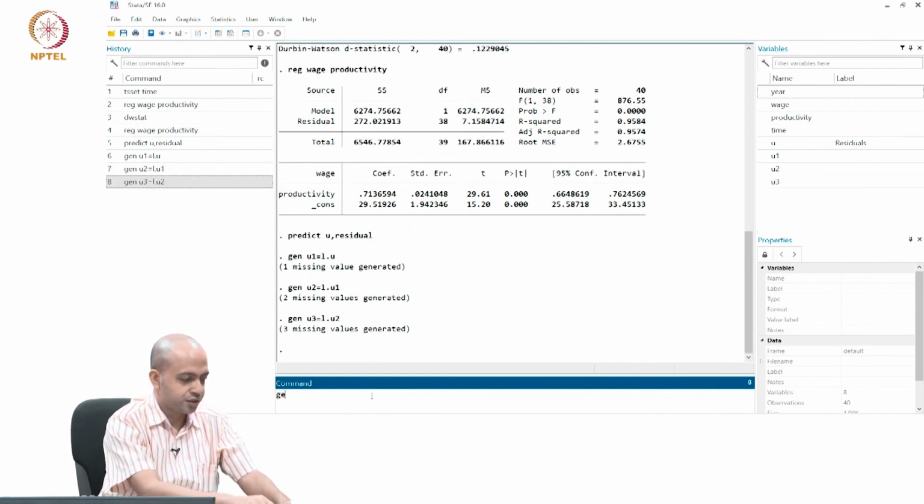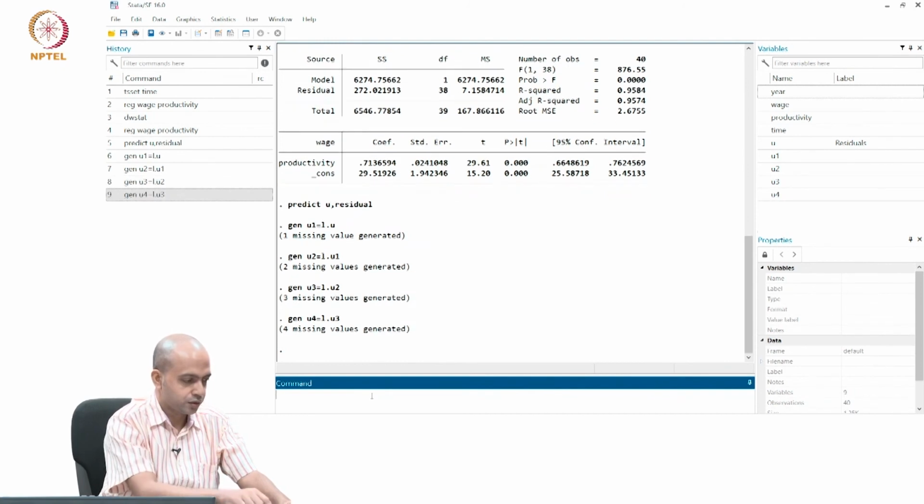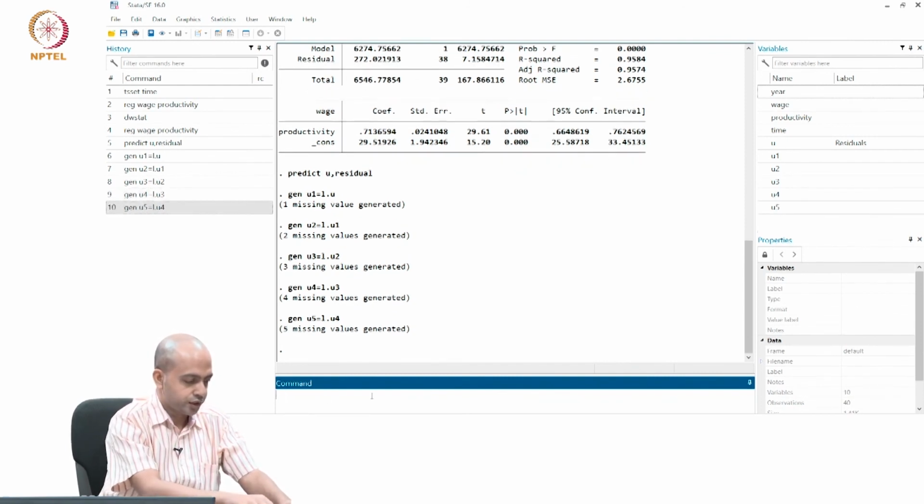Similarly, gen u3 equals L dot u2, gen u4 equals L dot u3, gen u5 equals L dot u4, and then gen u6 equals L dot u5.